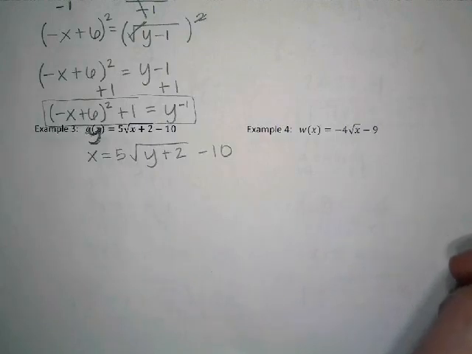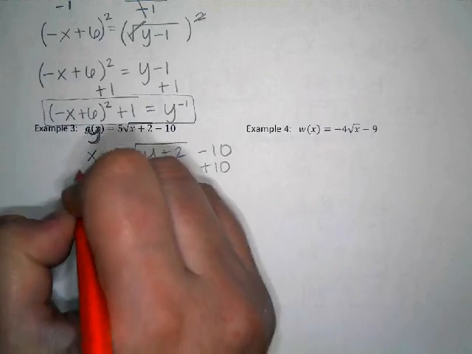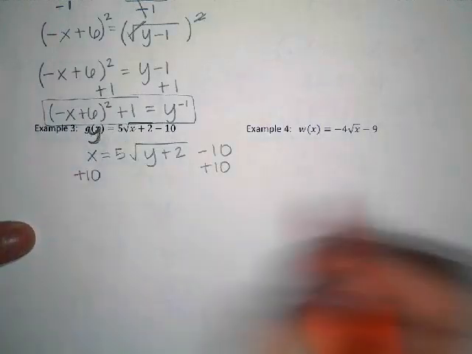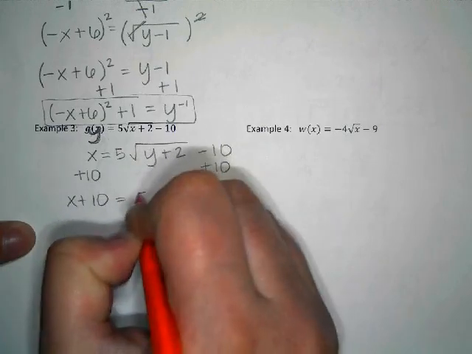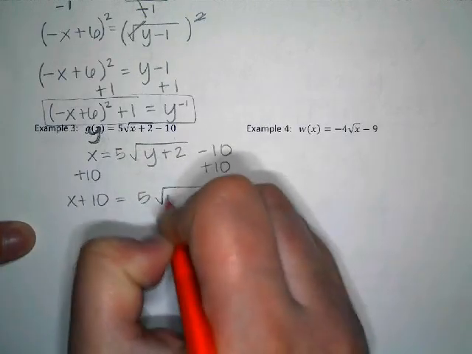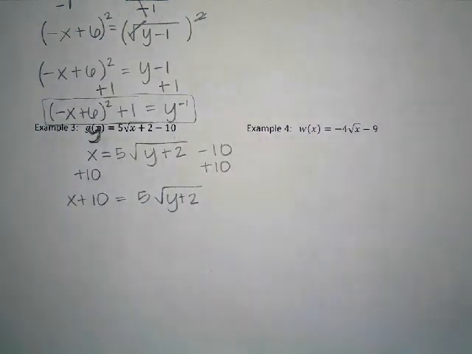And then you're going to add 2. Okay, and then we're going to add the 10. And then divide by 5. Divide by 5. Someone who isn't Caitlin.